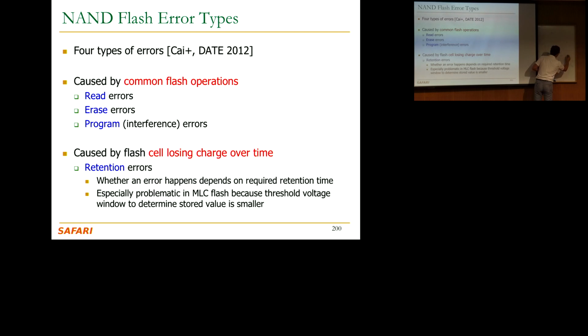Let's see, 1 1, 1 0 over here. And this is a distribution. Now these distributions are much closer to each other, as you can see, because the voltage range is much smaller. And if you want to store 3 bits, there are 8 of them, and those are even smaller. That's why you get more errors with MLC, multi-level cell, and triple-level cell.